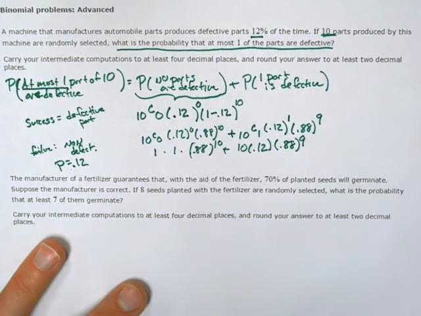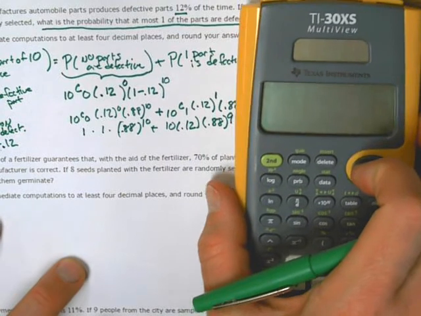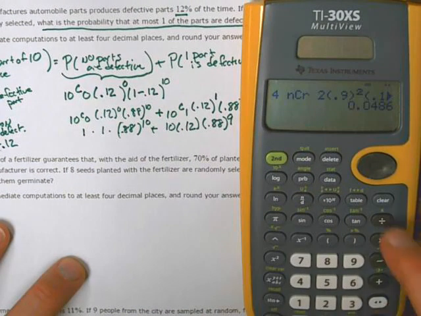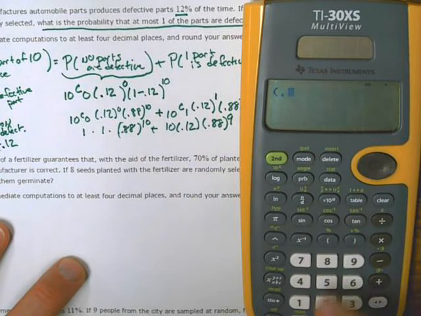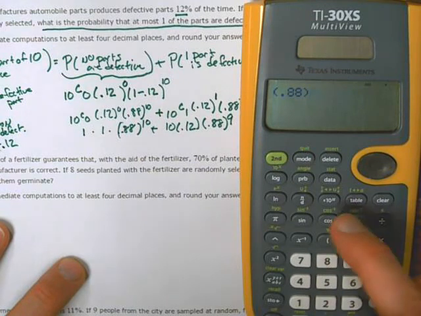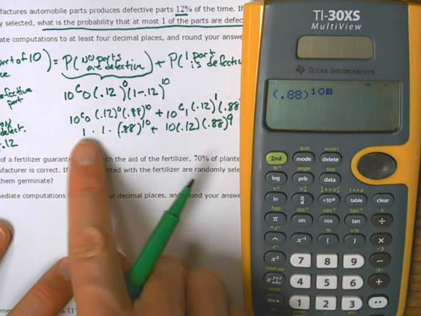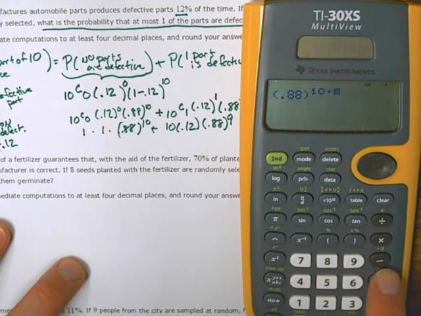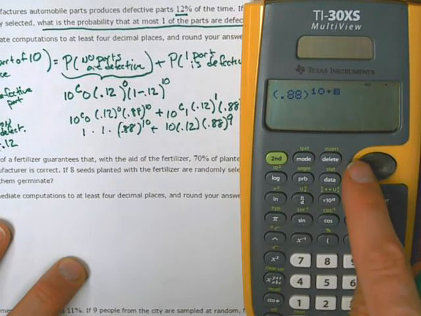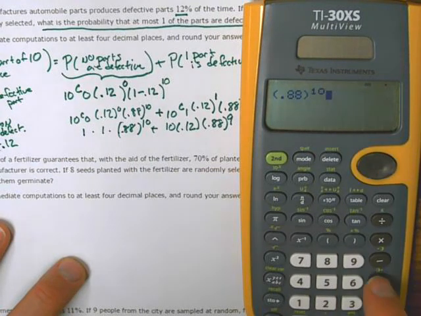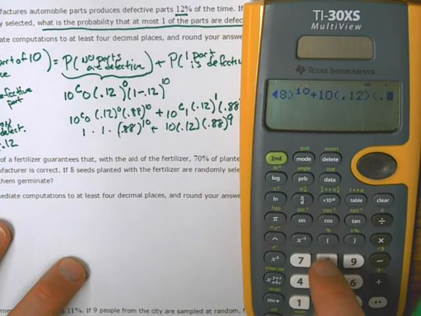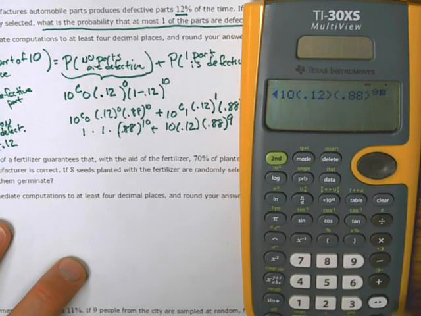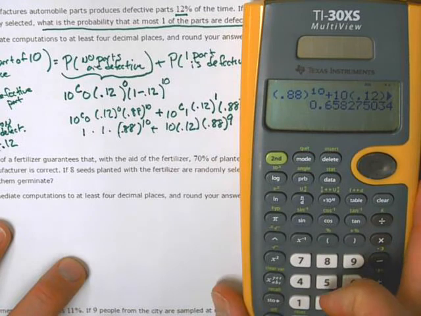So if I were doing this, I would use my calculator, and I would just simply type in 0.88, raise that to the 10th, because 1 times 0.88 to the 10th is really just 0.88 to the 10th, plus 10 times 0.12, and then 0.88 to the 9th, and I hit enter, and that's my probability.